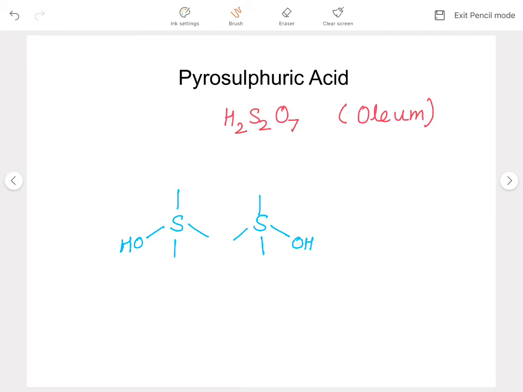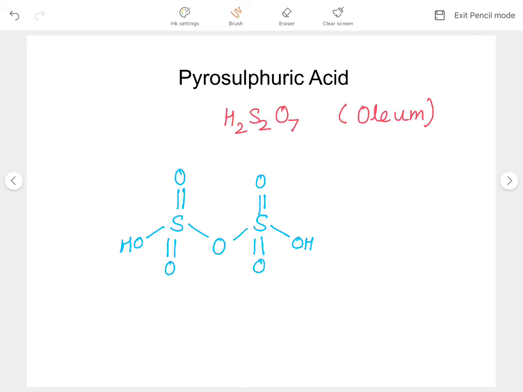The 2 sulfur atoms are joined by oxygen, which is the linkage formed when a water molecule is lost from 2 OH groups, and the rest of the bonds are double bonds with oxygen atoms. So this is the structure for pyrosulfuric acid.